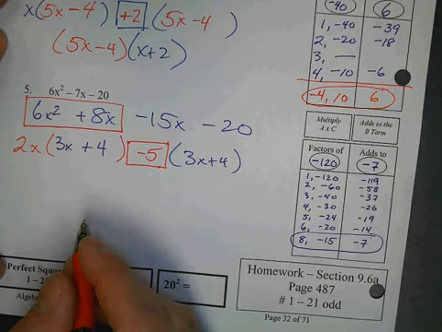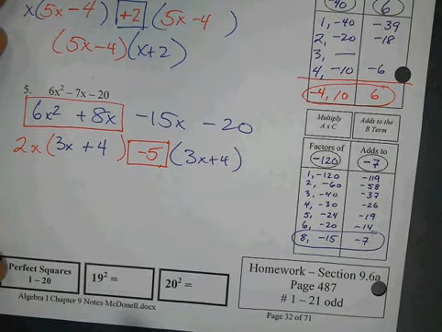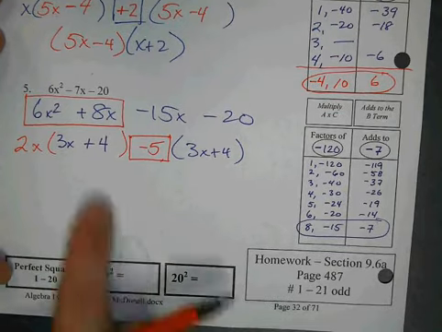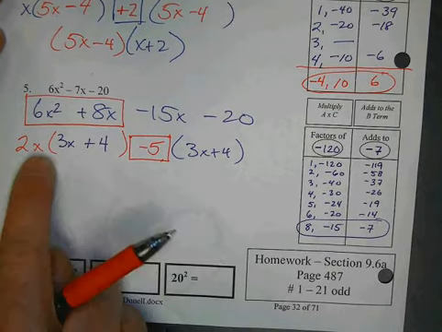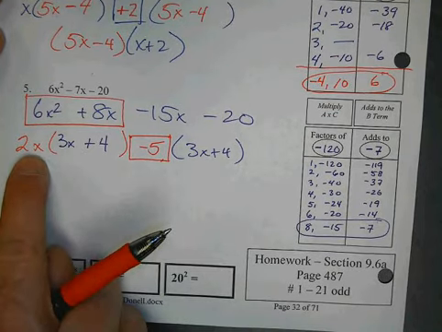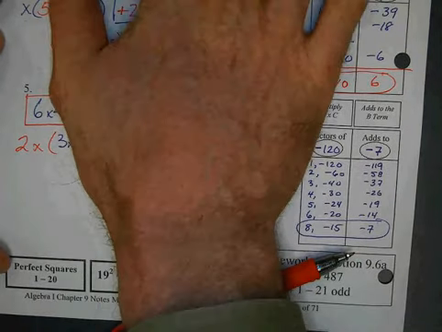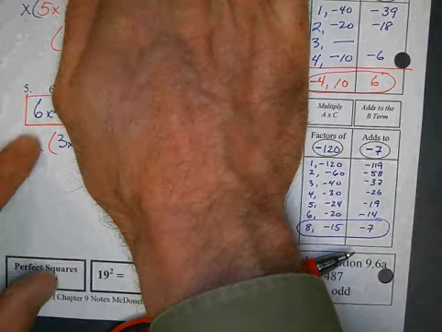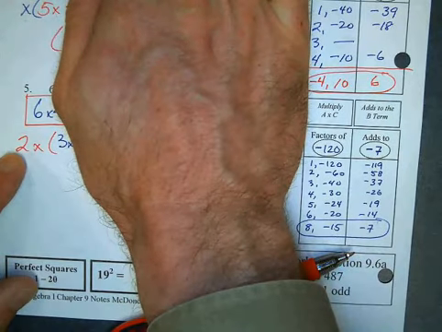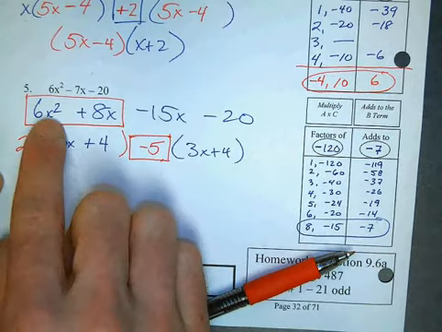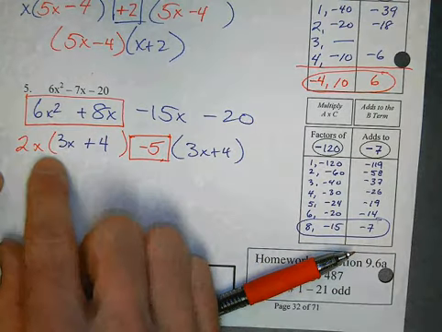Question, go ahead. This one? Did you follow me getting the 2x there? Okay. I focus right here. 2x and 6x squared. And I say, 2x times what is 6x squared? 3x.